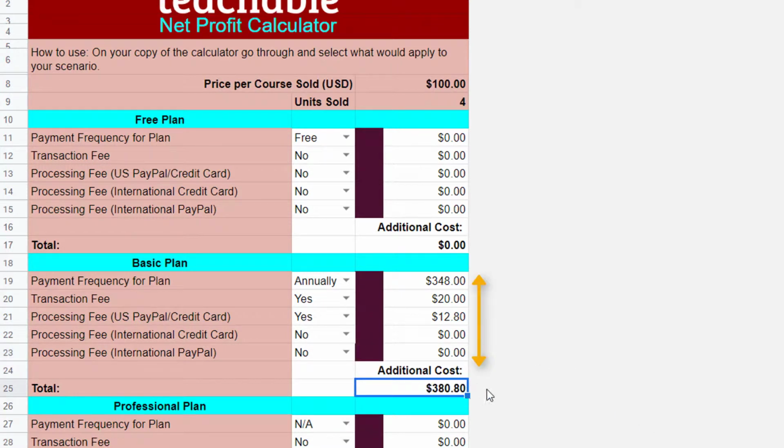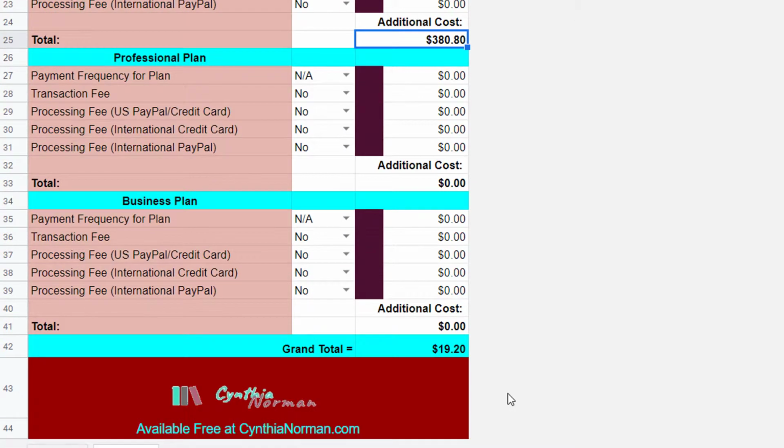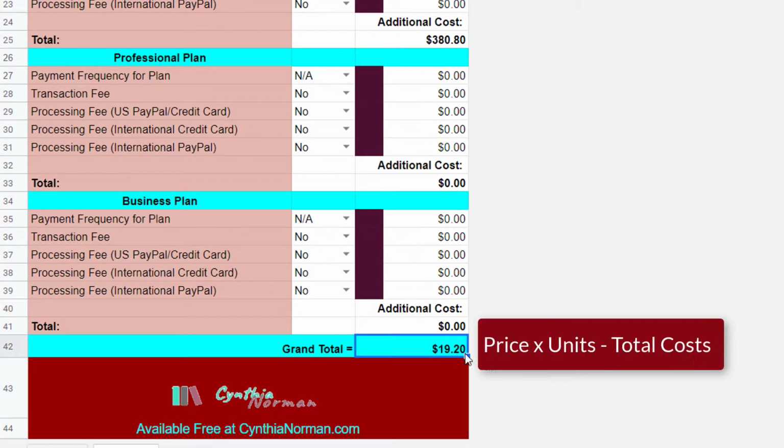And so next I just add up that column there and I get $380.80 for selling 4 courses at $100. And so I calculate the net profit there and I can see that selling 4 courses will render me a break-even situation.